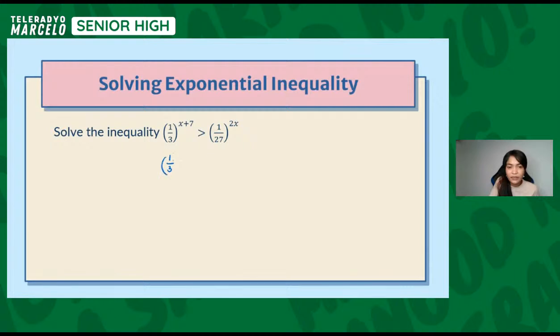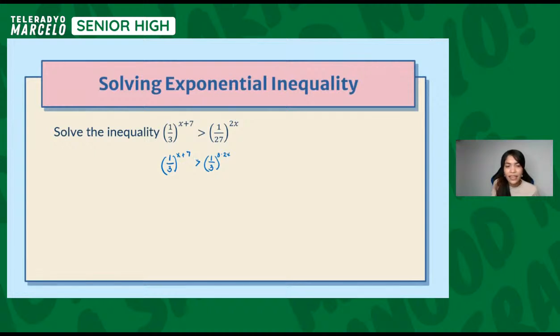But before that, let's copy first the other side of the inequality. So, ayan. We have here 1 over 27 can also be written as 1/3 raised to 3. Don't forget to multiply it with the original exponent, which is 2x.